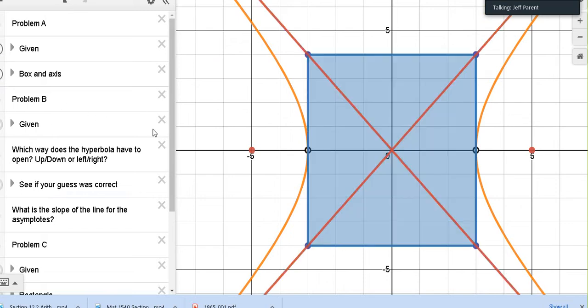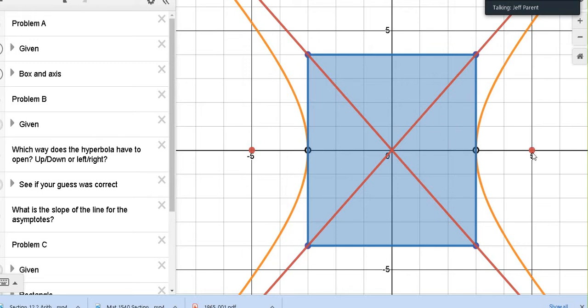So that would look like this. And this is kind of the things I expect from you when you graph a hyperbola for me. I expect this rectangle here and the asymptotes that go through the diagonals of the rectangle. In this case, it looks more like a square, but that's okay. And that's pretty much it.